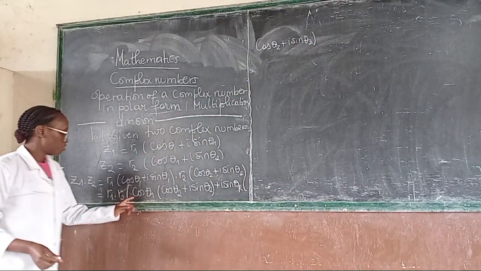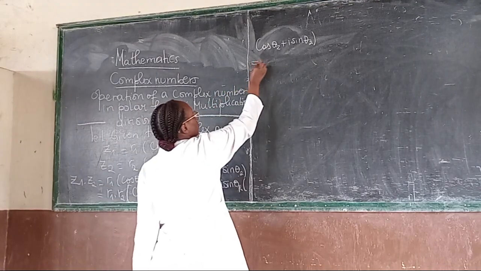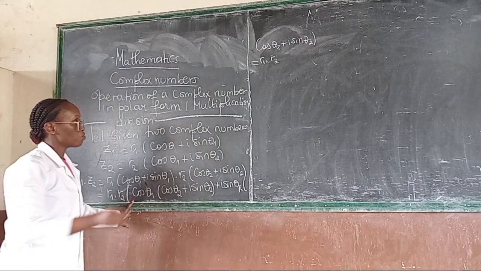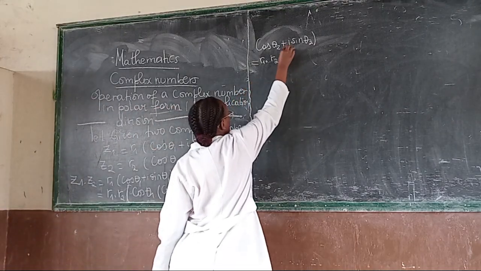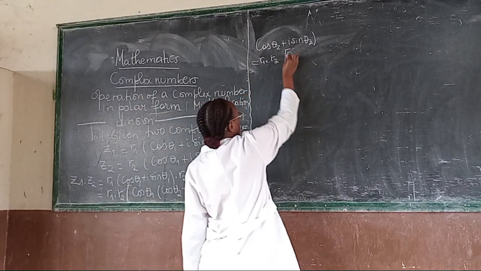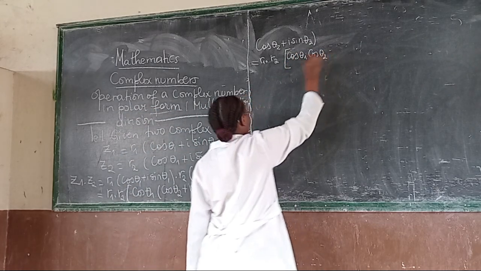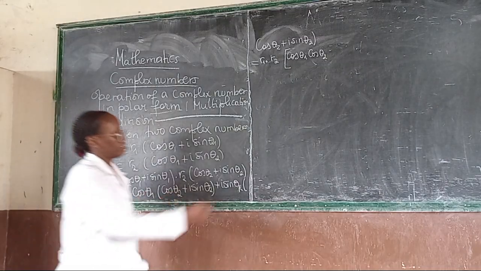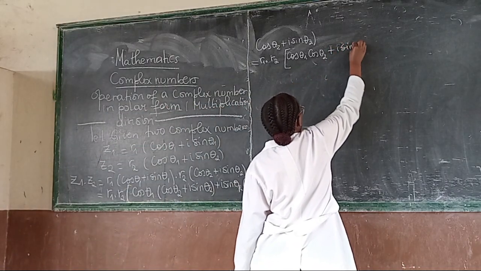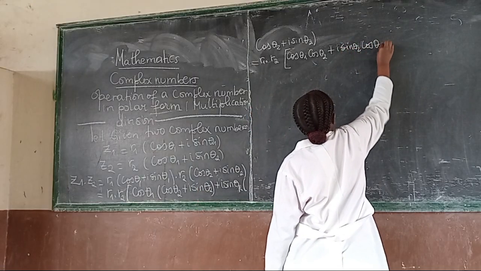So the next, what we are going to do here, we still have our modulus 1 times modulus 2, R1 times R2. Our cosine, if multiplied inside here, we will have cosine theta 1 cosine theta 2 plus I sin theta 2 cosine theta 1.